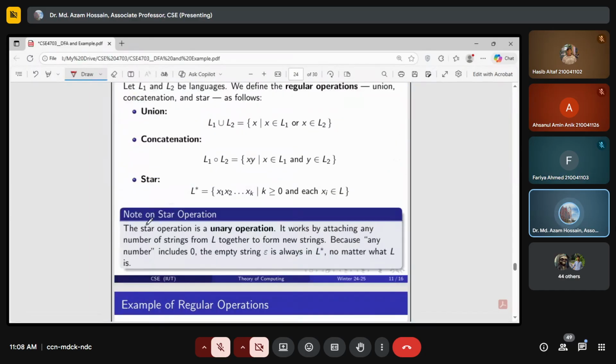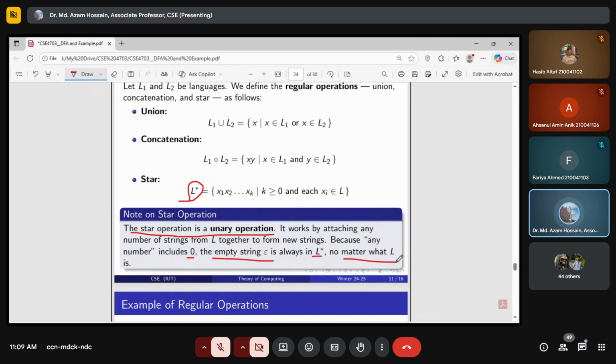Note the star operation is a unary operation because it only operates on a single operand. It works by attaching any number of strings from L together to form a new string. Any number you can take and attach, placing them before or after each other, whatever. You can combine as many as possible, because any number also includes the zero-length string, meaning the empty string is always in L star, no matter what L is.